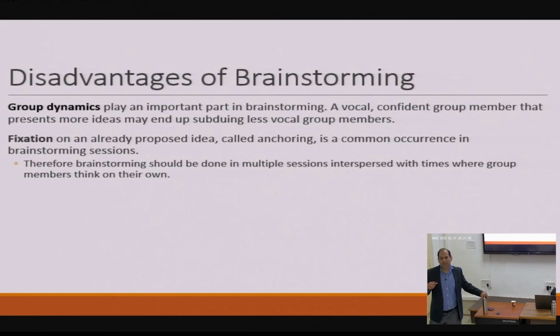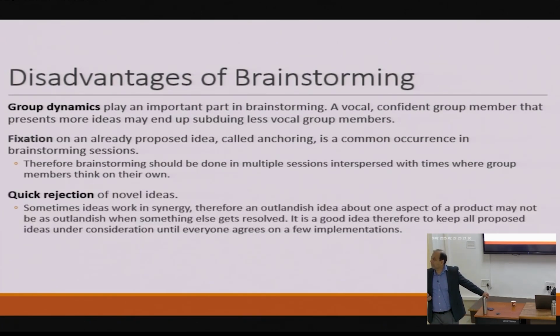We were finding that it's important to also let people think on their own. So you have brainstorming sessions, and then you let people work independently and try to work on the solution themselves. If you have individual investigation followed by team meetings, then usually things go better. Okay? And then quick rejection of novel ideas.